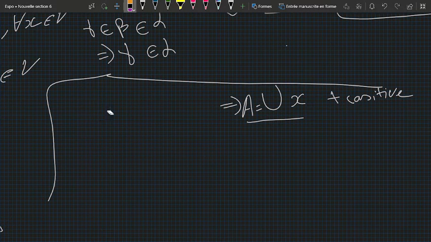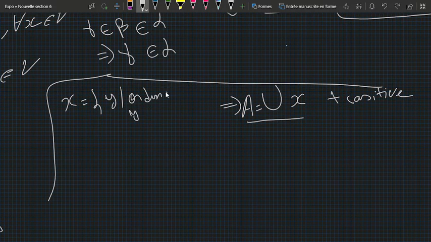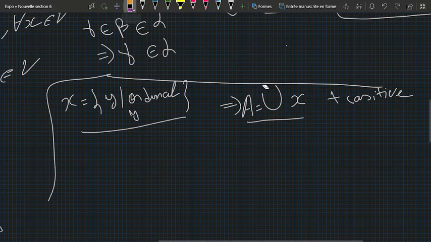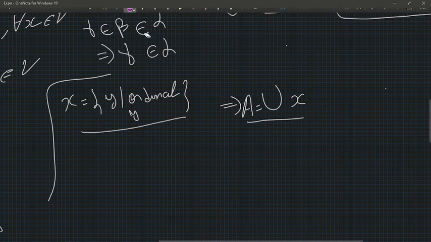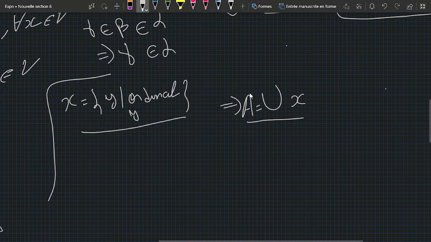It's a set of ordinals. Why is the union over X an ordinal? It's not the same as before. So we must prove that the union is transitive and all its elements are transitive.